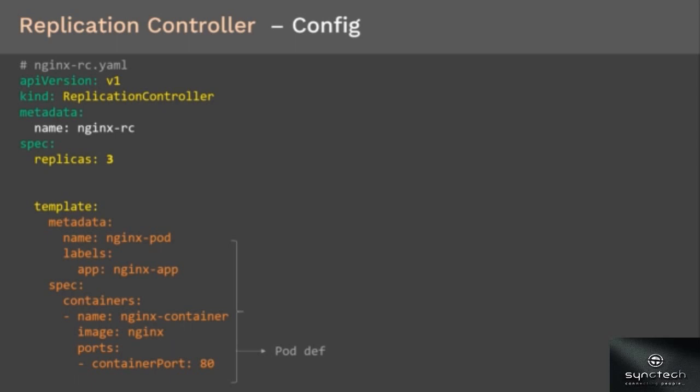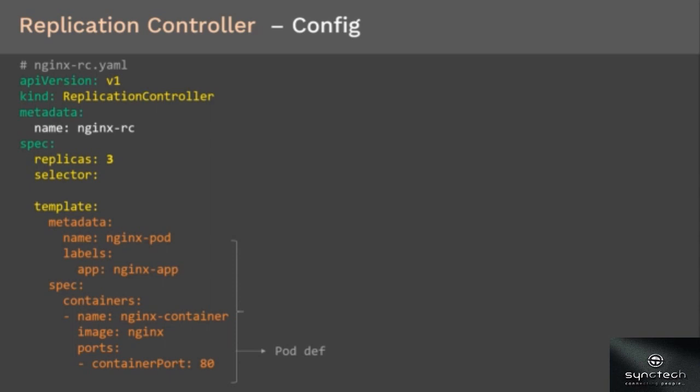Now the question here is, how will this Replication Controller get to know about these pods? Any guess? It is using labels and selectors. We have already defined labels for the pod, which is app: nginx-app. Here, nginx-app is the label. Next, we need to define the selector.